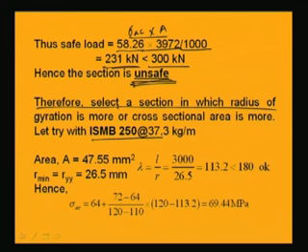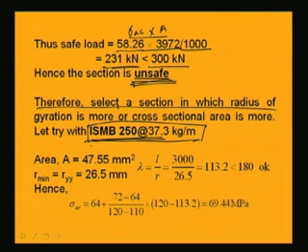After ISMB 225, it is ISMB 250 at 37.3 kg per meter. So, now let us see this, the next dimension in the handbook after ISMB 225, ISMB 250.